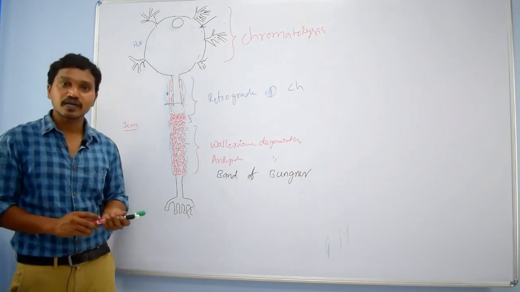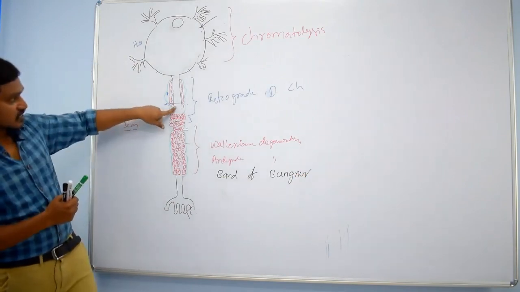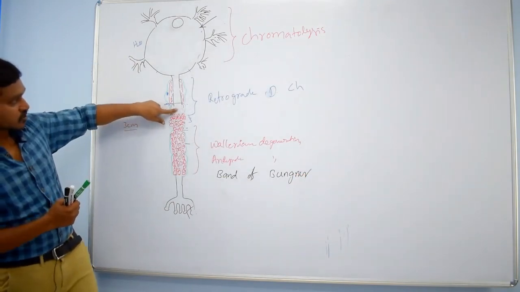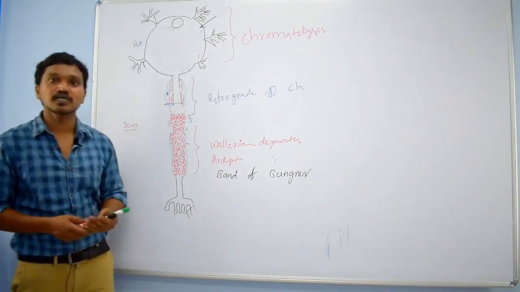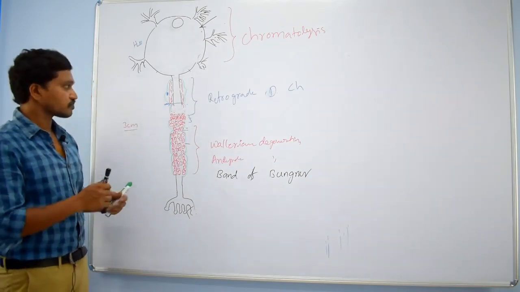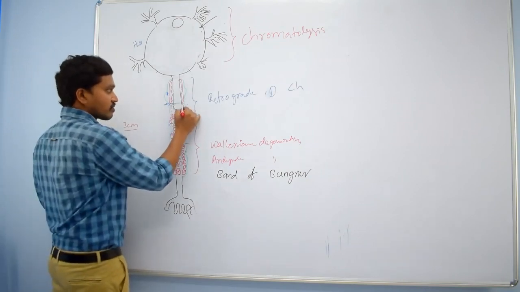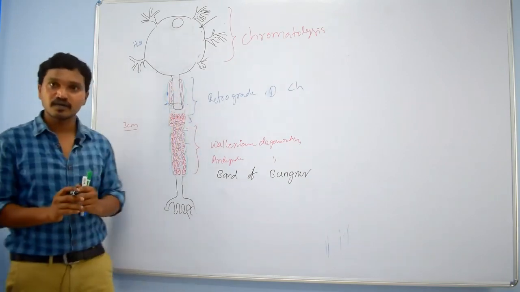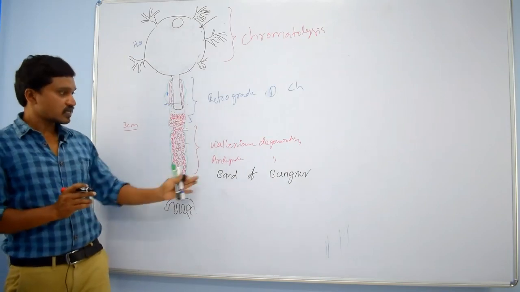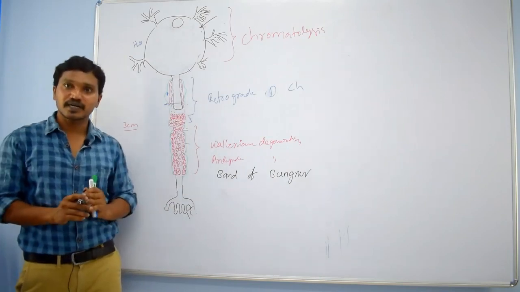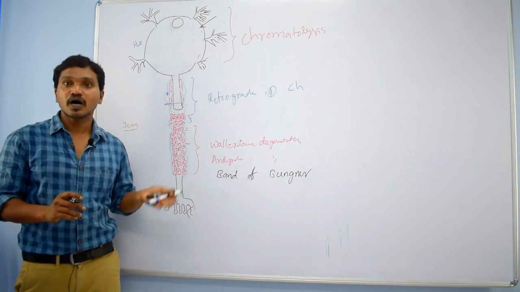Next, what will happen? This proximal stump is there, no? The axon cylinder of this proximal stump will undergo swelling, right? So with this, degeneration is completed. Now regeneration will start. How?